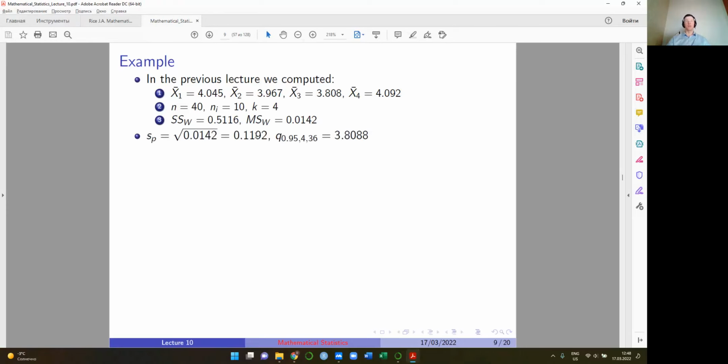So now the pooled standard deviation is the square root of the mean square within, and this is 0.1192.